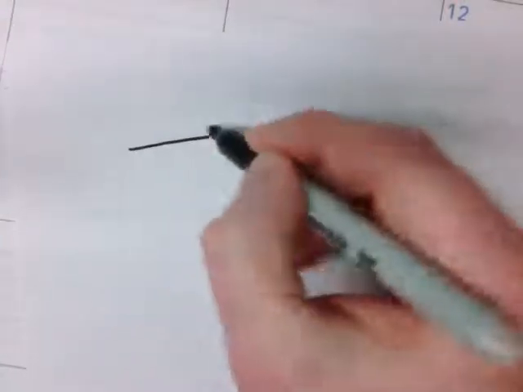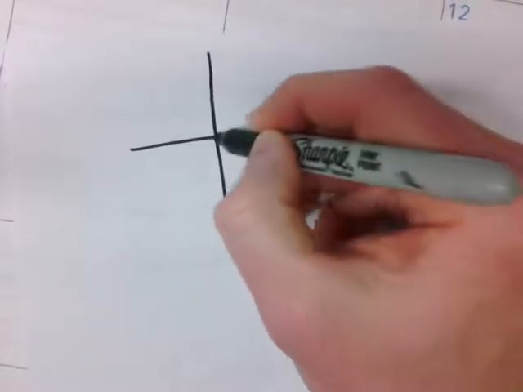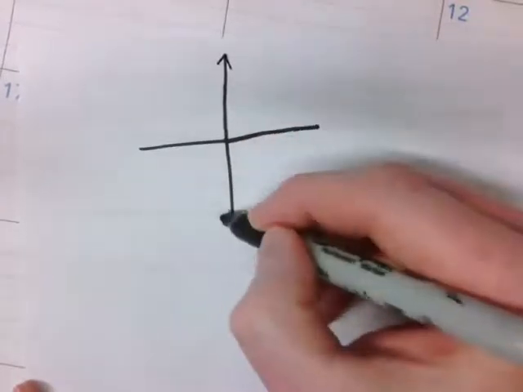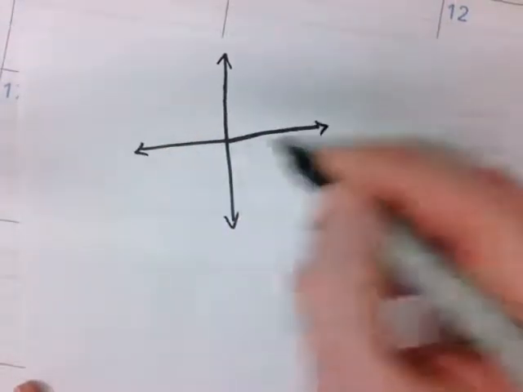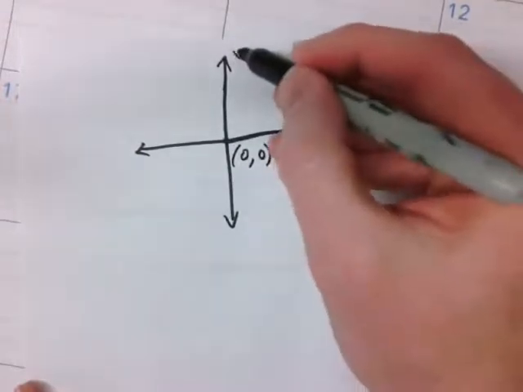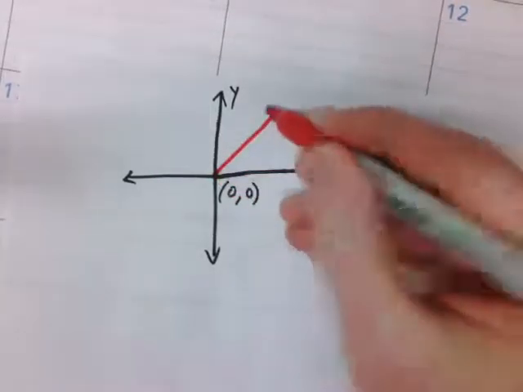So firstly, let's say you're given an angle. You can look at it this way. There's your coordinate plane. It's crooked. This is your origin, meaning it's 0 and 0. This is your x-axis, this is your y-axis. And let's say, in a different color, you're given some angle, I don't care what the angle is.